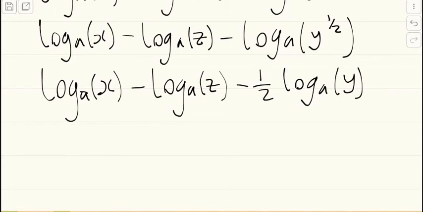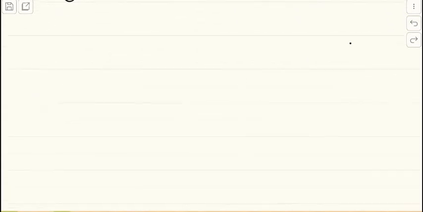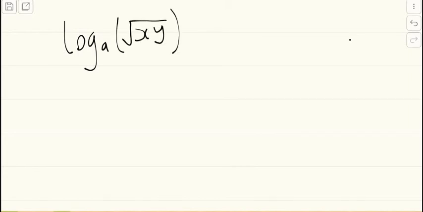Okay, that was quite a more complex example just because it was a little bit longer, and then we'll finish up with this one. So let's suppose we have log to the base a of the square root of xy. Here we've only got x and y to deal with, so that shouldn't be a problem. We rewrite this using our laws of surds or indices, however you want to look at it.